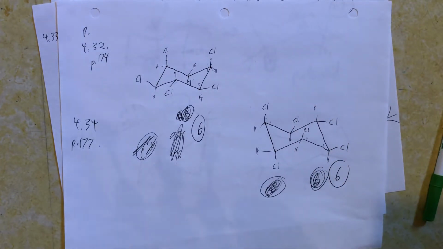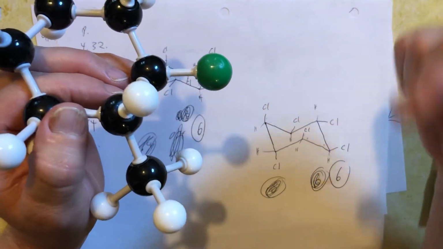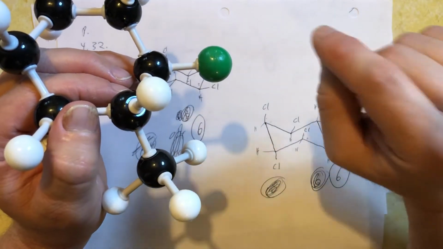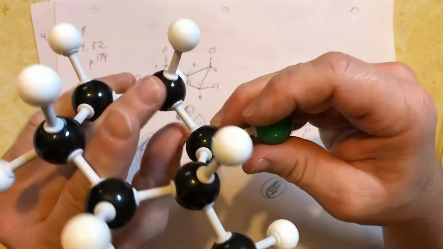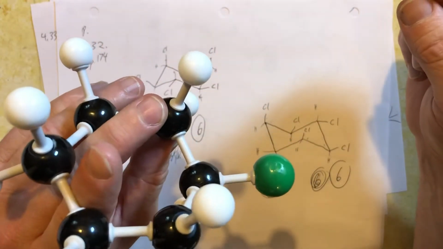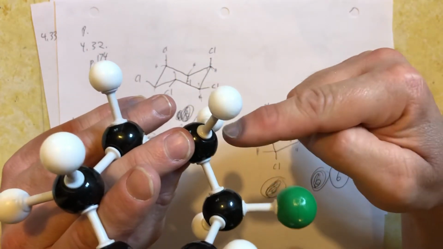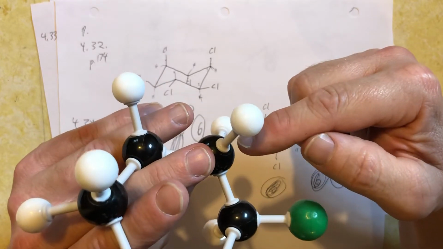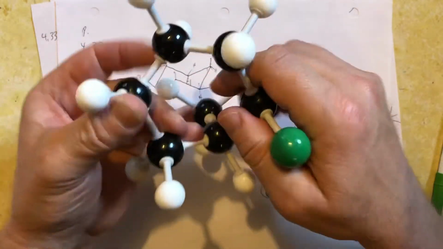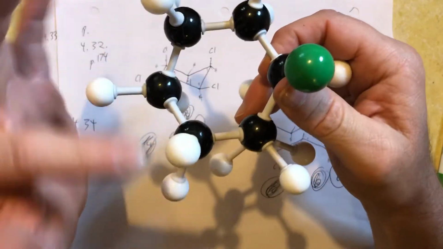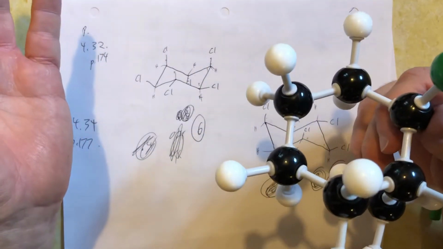The problem with that is the table doesn't give us enough information. If we ran this through on the computer, we would get it. And I don't have all my chlorines on here, but here's what I want to show you. It kind of depends on what else is going on with the molecule. If you had a chlorine up here, okay, and you had some other chlorines up here, they have interactions with one another.